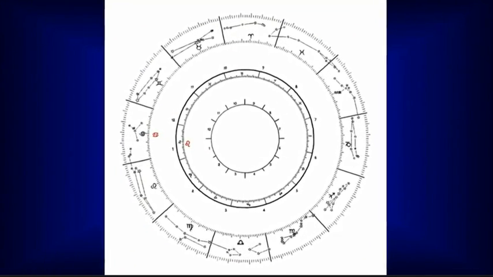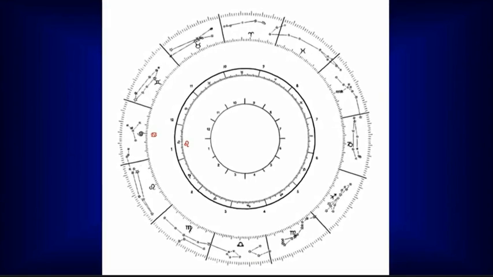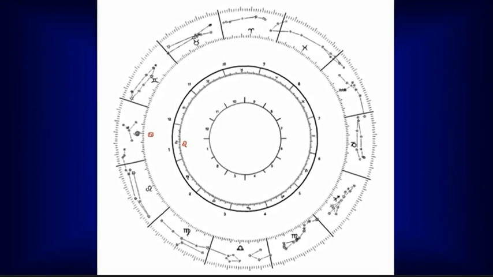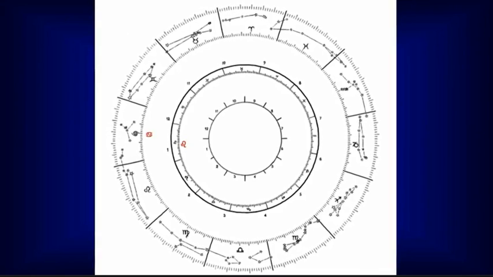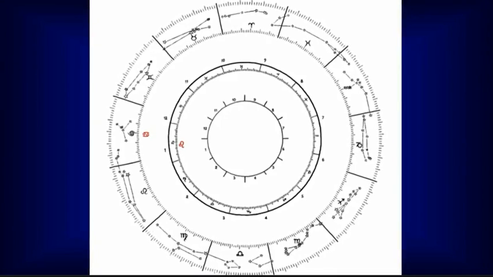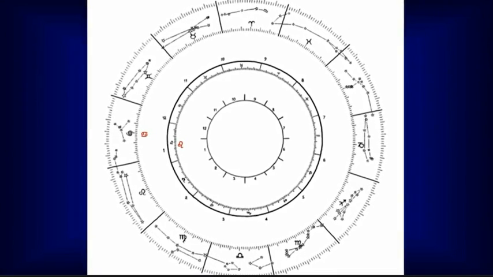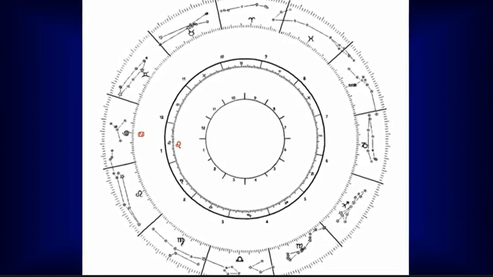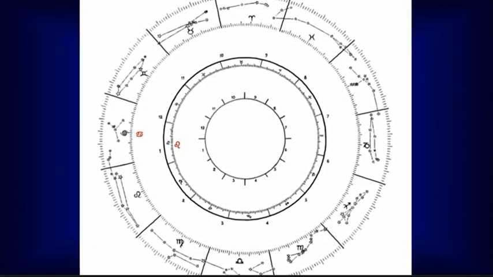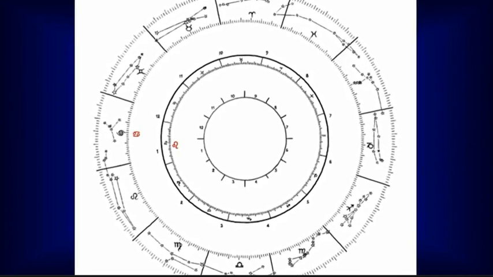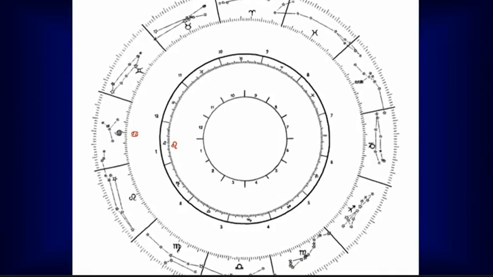What you see here is the tropical and the sidereal around each other. The middle ring is the tropical and the outer ring is the sidereal. As you can see, the rising on the eastern side with the tropical is Leo and the outer is Cancer. And if you look closely, you can see that some of the constellations go over even 3 sections of 30 degrees.